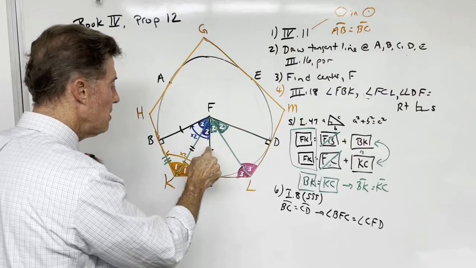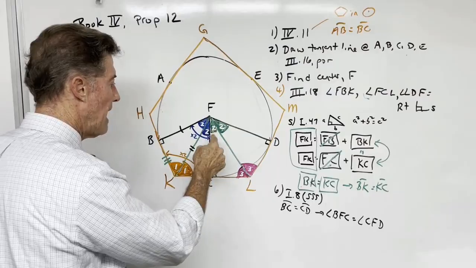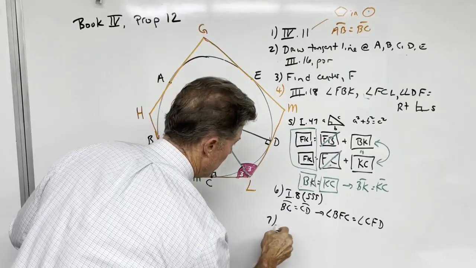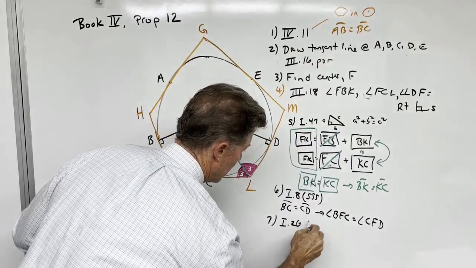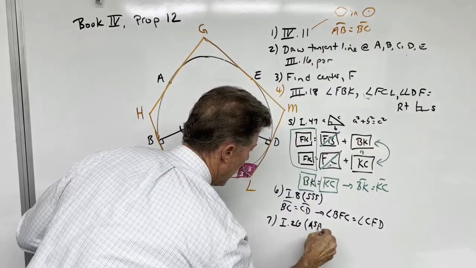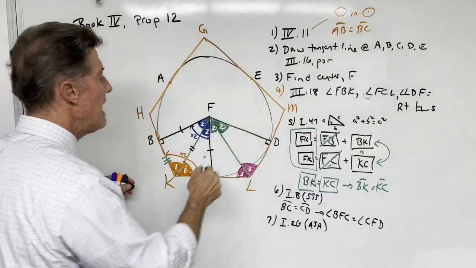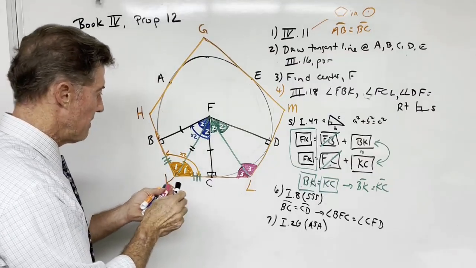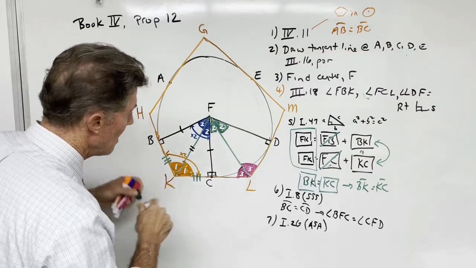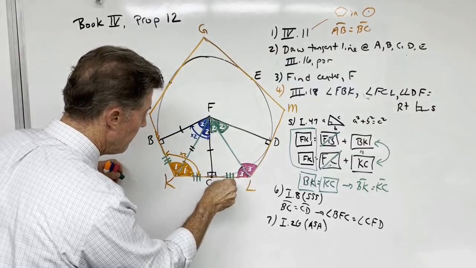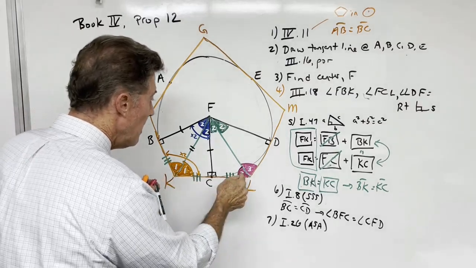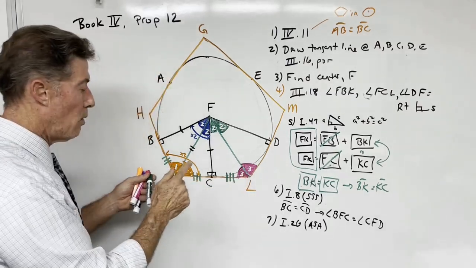So this is angle, side, angle equal to angle, side, angle. And if we remember, this is book 1, prop 26, our angle, side, angle proof for the equality of triangles. And it tells us that the triangles are therefore equal in all respects. In particular, CL is equal to KC, and angle 3 is equal to angle 1.